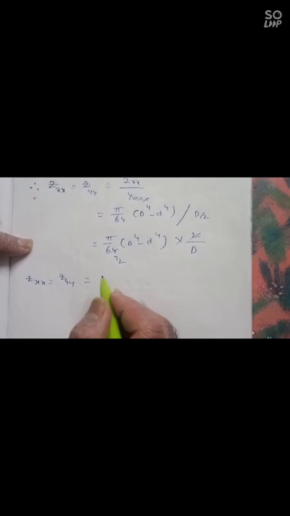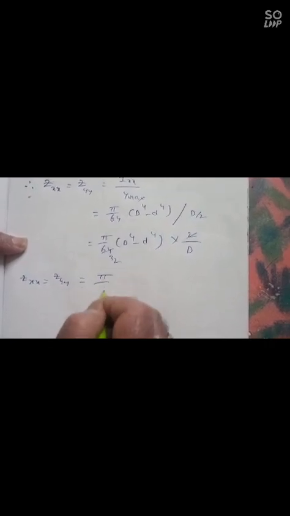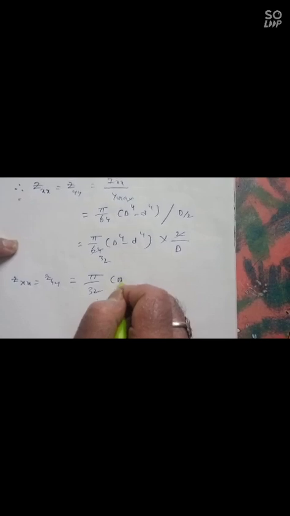You can write it as pi by 64 into D to the power of 4 minus small d to the power of 4 multiplied by 2 by D. So Zxx equal to Zyy equal to pi by 32 into D to the power of 4 minus small d to the power of 4 divided by capital D. So this is the section modulus of a hollow circular section.